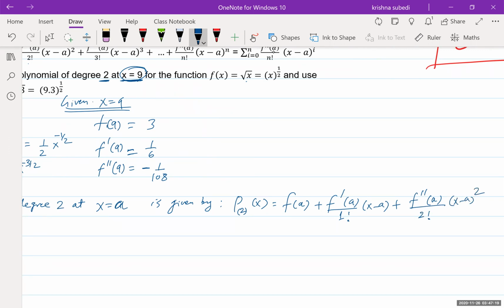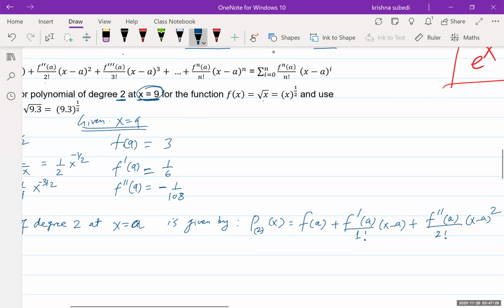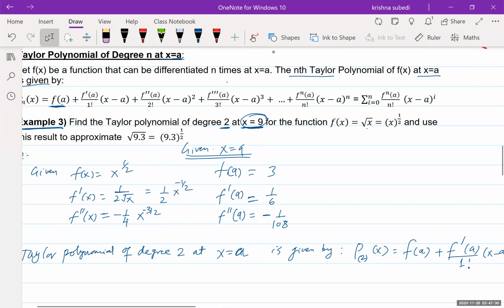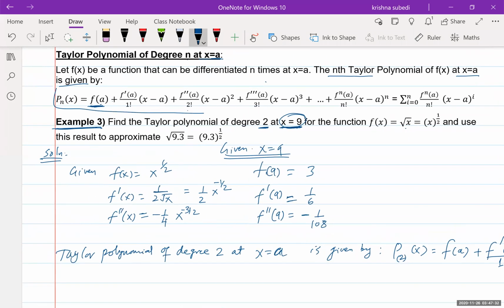So that is the formula for a second degree polynomial. I just copied it from here. Because we're looking for a second degree, you just copy up to x minus a squared.